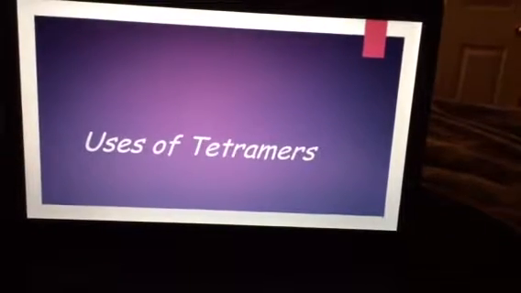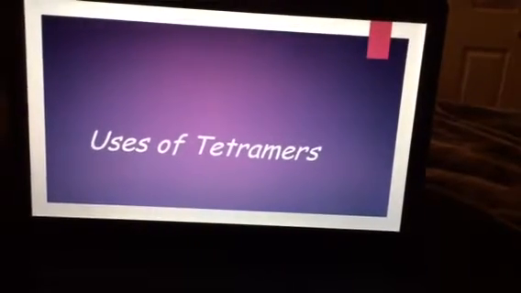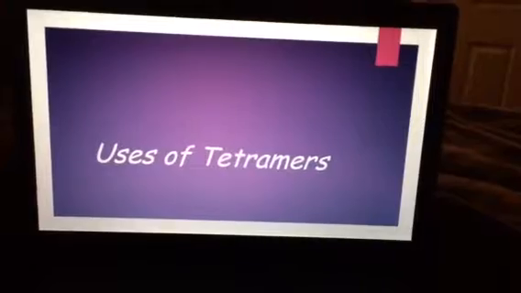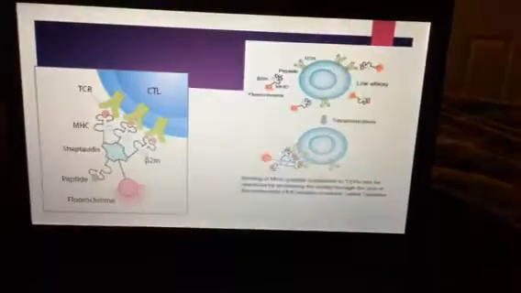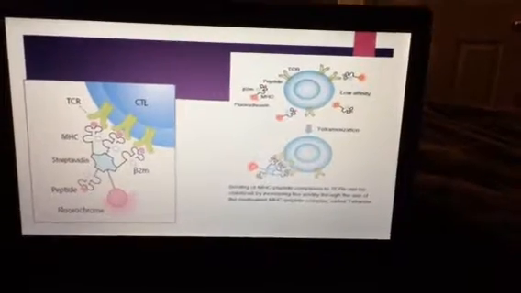You have MHC class 1 tetramers and you have MHC class 2 tetramers. And I have some pictures here.